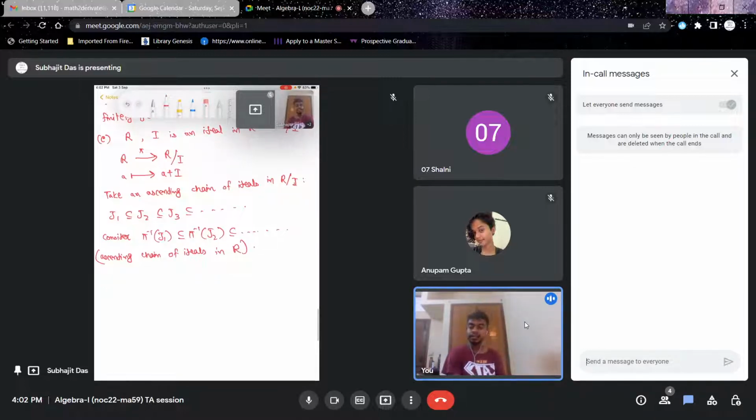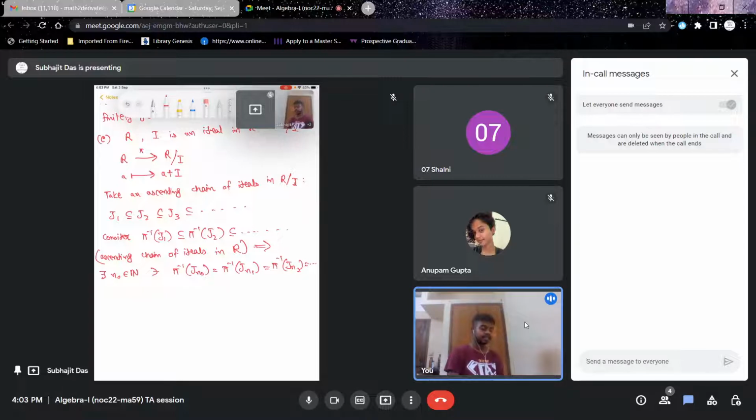And since R is Noetherian, there exists n naught in natural numbers such that pi inverse of J n naught is the same as pi inverse of J n 1, which is the same as pi inverse of J n 2, and it goes on, right?